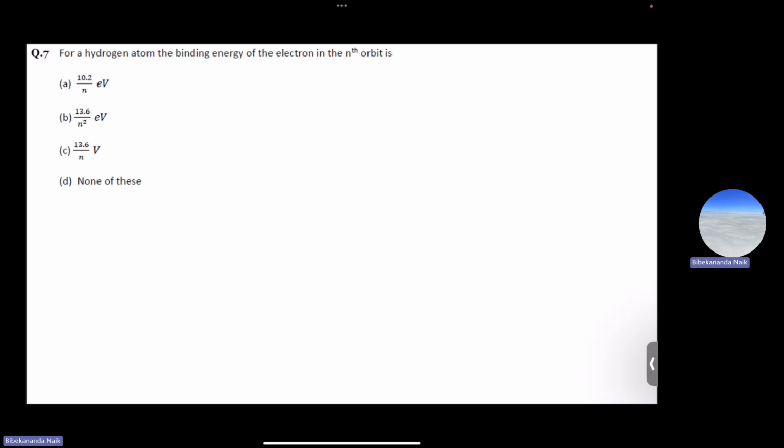The total energy of the electron afterwards will be zero, so the electron will be free. Free electron means energy is zero, so its final energy is zero.